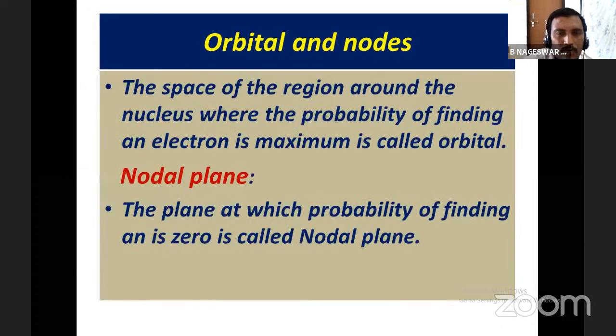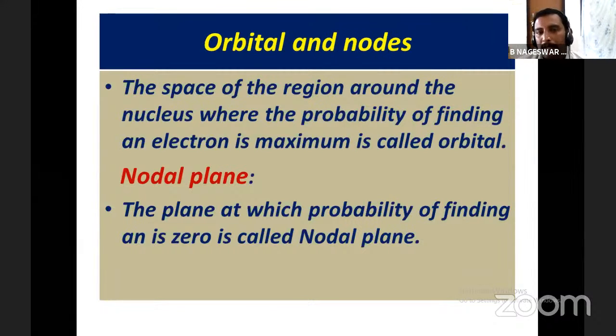Next, children, we go for orbitals and nodes. Already we know very clearly what an orbital is. What do you mean by orbital?